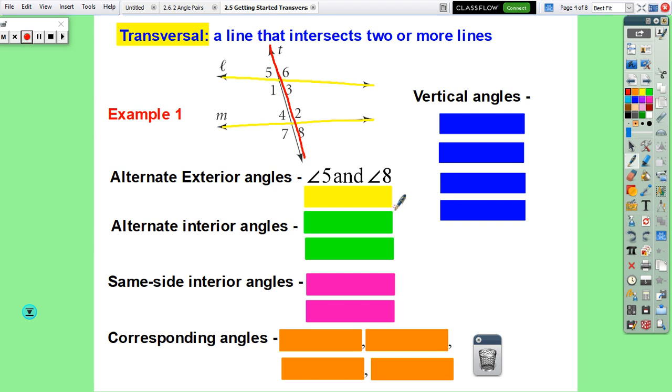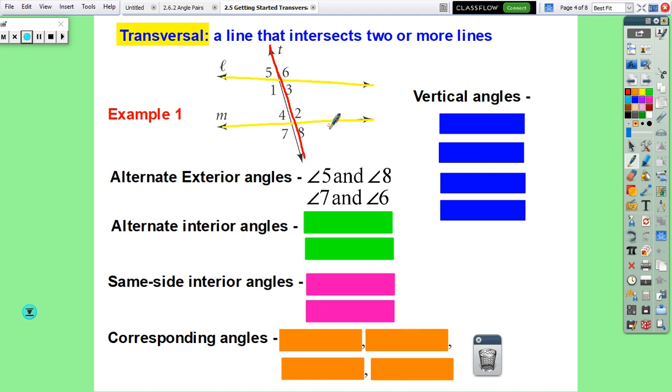Another set of alternate exterior angles would be angle 7 and angle 6. So they're on opposite sides, on opposite ends, and they're on the outside of the parallel lines. So hence the alternate and the exterior. So exterior of the parallel lines and alternate, so opposite from each other, kind of like catty corner.